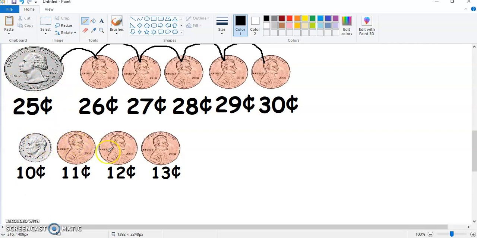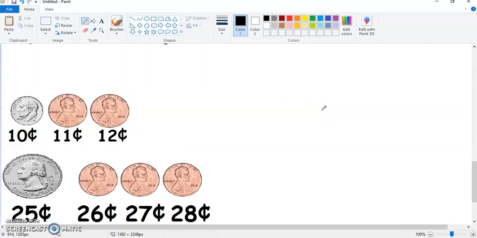So when we're asking how much money in all, we start with 10 and we go on 11, 12, 13. We know that 1 dime, 10, plus 3 pennies equals 13 in all. We know that 25 cents, 1 quarter, plus 5 pennies equals 30 cents in all.